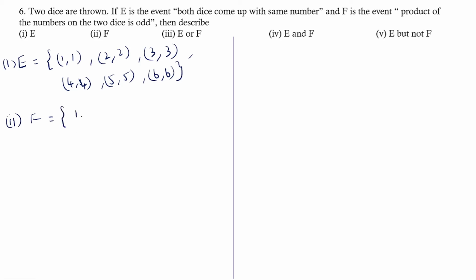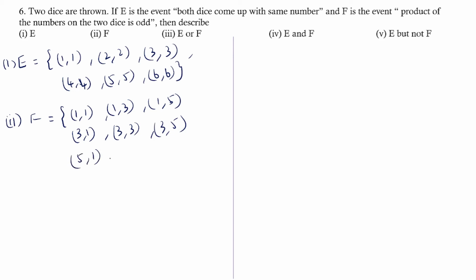So this can happen for 1 1, 1 3, 1 5, and then 3 1, then 3 3, 3 5, then 5 1, 5 3, 5 5. So these are the various outcomes for the event that the product of the numbers of the two dice is odd.